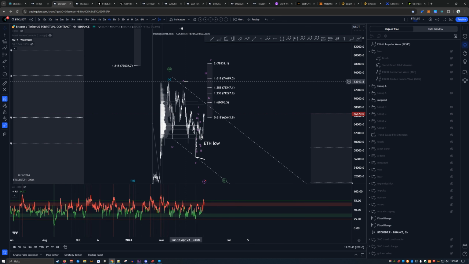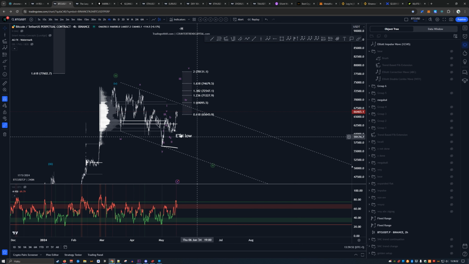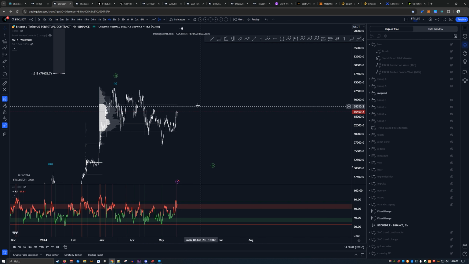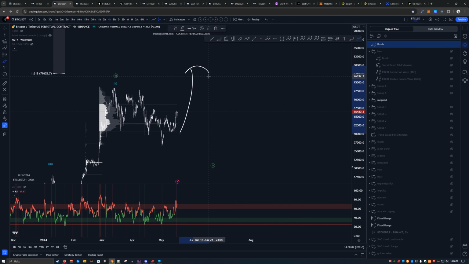But again, taking out all-time highs is definitely a main idea at some point. Overall as well, although this count might not be the count that plays out, we are coming down very correctively. This generally suggests that we have a continuation to the upside.